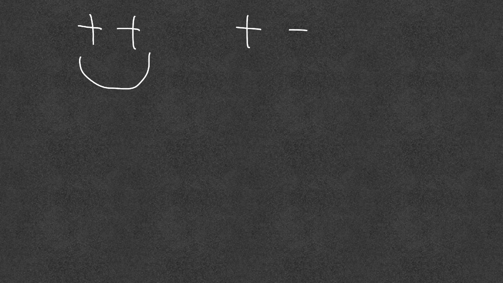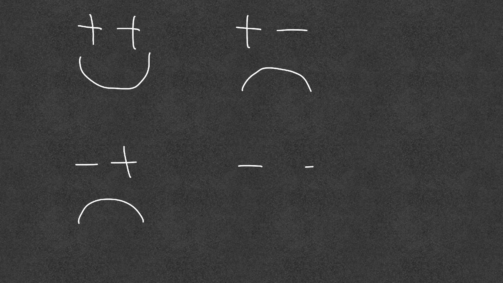When we're multiplying a positive times a positive, we're going to get a positive. But if we multiply a positive times a negative, we're going to get a negative. Negative times positive is negative, and negative times negative is positive.